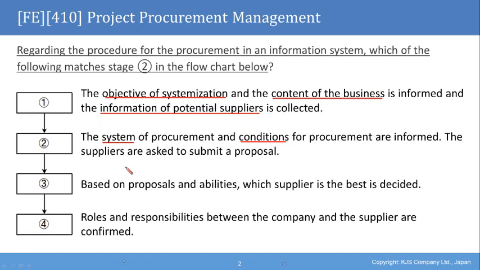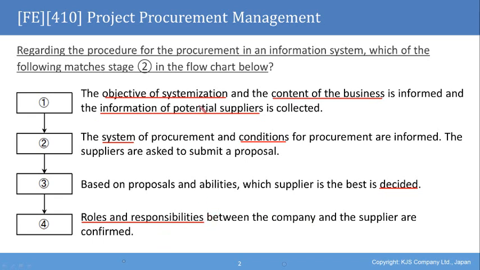The suppliers are then asked to submit a proposal. In the next bit, we have the third stage. Based on proposals and abilities, which supplier is the best is decided. So we have a look at which supplier to use. And in the last stage, roles and responsibilities between the company and the supplier are confirmed. So we're talking about roles and responsibilities.